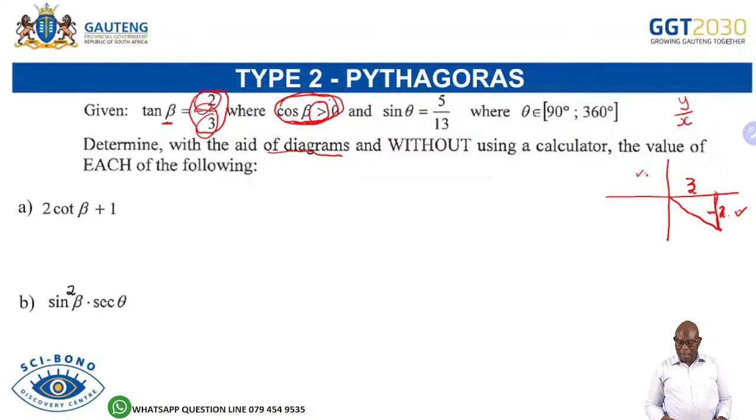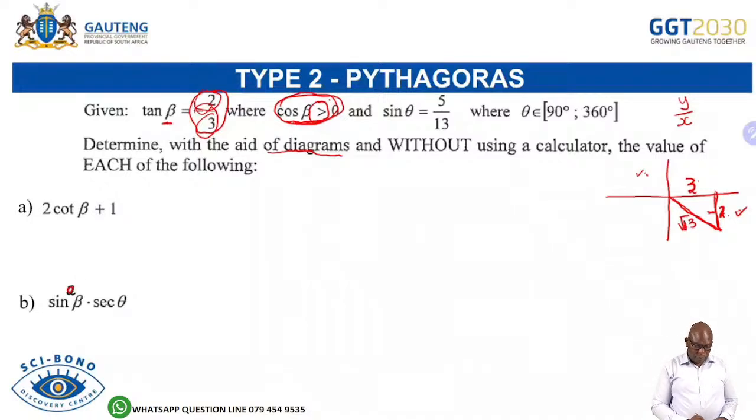So which means now I need to find the value of r by theorem of Pythagoras. So just to speed up that, it's 3 squared, which is 9, plus 2 squared, which is 4. 9 plus 4 is 13. So this one will be square root of 13. Right.